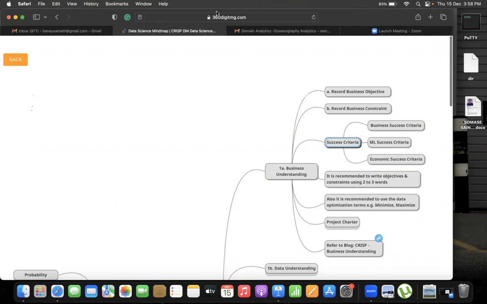And it's also recommended to use data optimization terms, for example, minimization, maximization.